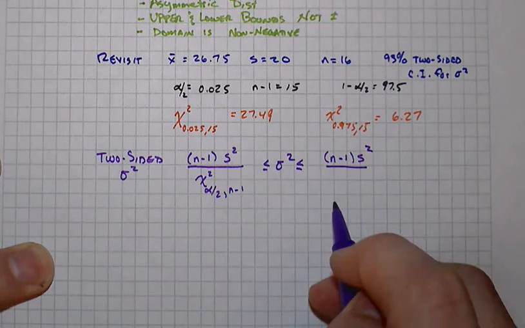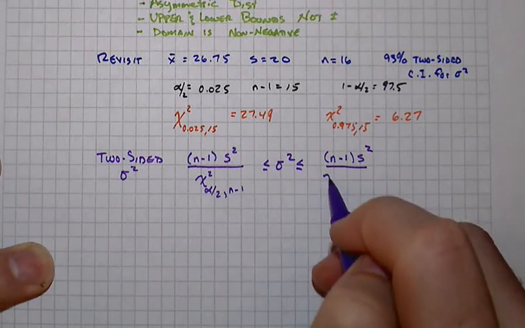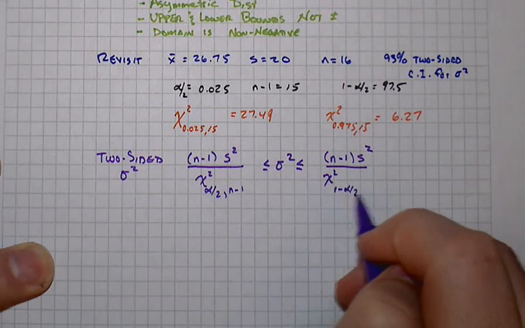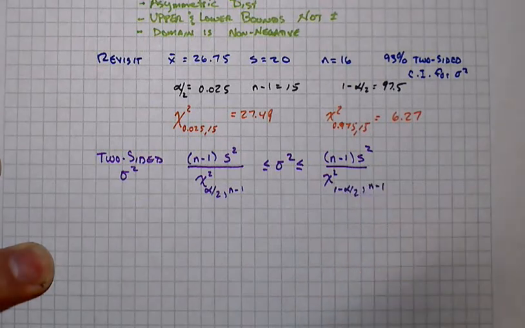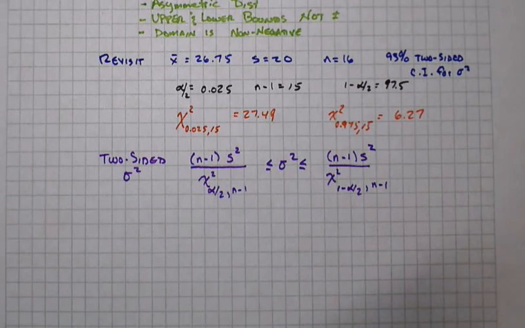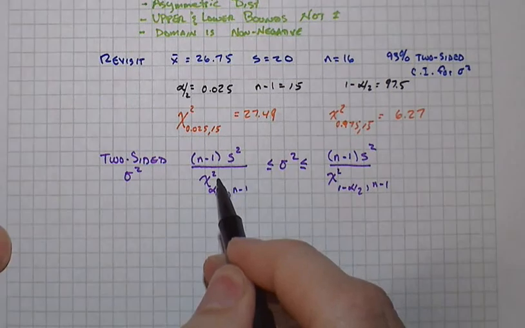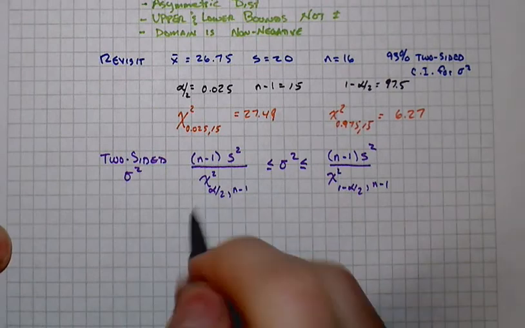And then over on the other side, we get the chi-squared of 1 minus alpha over 2 and n minus 1 degrees of freedom. The reason is that the chi-square is sitting in the denominator, so the larger number is going to create a smaller bound. So let's do this in parts.